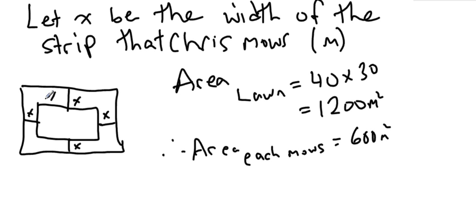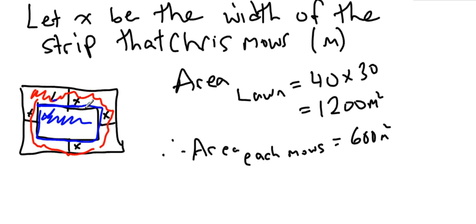So this area here, let me color it in red, is 600 meters squared, and so is this. Now, if I have to find the area of an object, I would much rather find the area of a rectangle than the area of this weird other red shape, which is like a rectangle with a rectangle cut out.